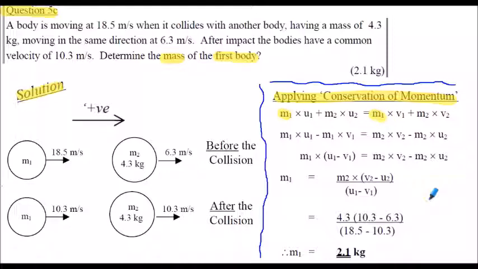So in this question you'll need to rearrange the equation to get all the m1 terms onto one side of the equation. Then you'll need to factorize on m1 and then rearrange the equation for m1 to eventually find the mass of body 1 in this particular case. So slightly more complicated transposition here.